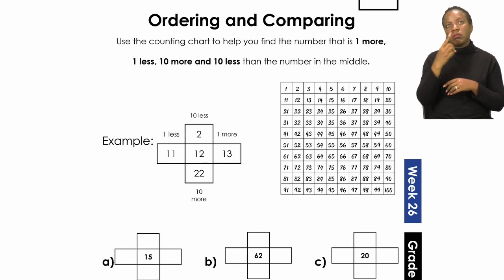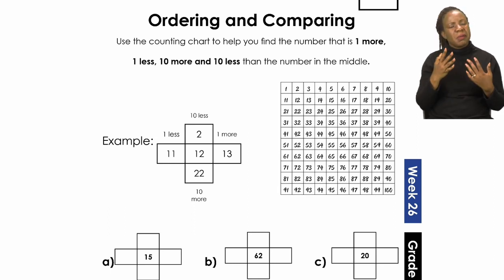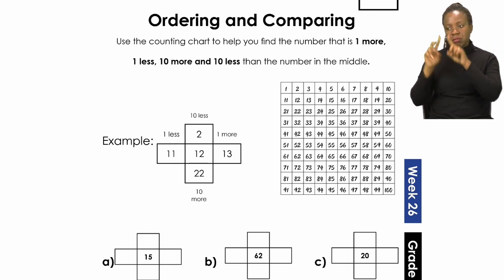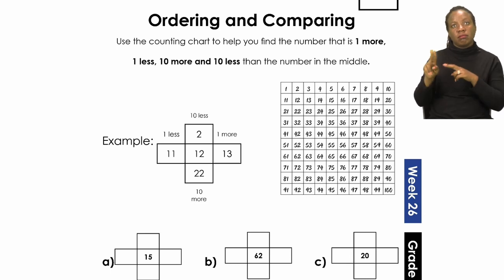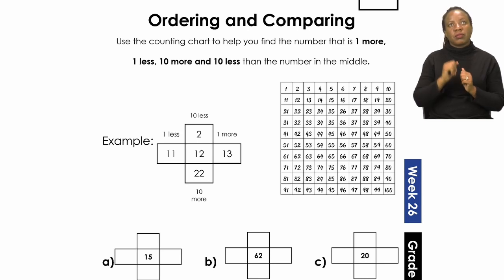Now, boys and girls, remember, if you are uncertain or if you can't quickly think of the number, you can always go to the counting chart. Can you all see the counting chart given to you? There you go. And you can then count 10 less, 10 more, 1 less or 1 more.